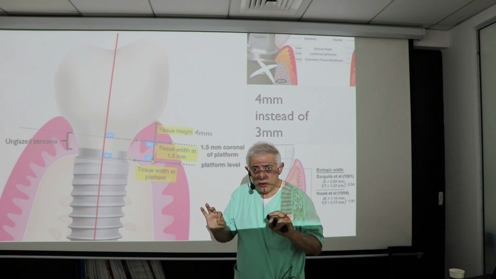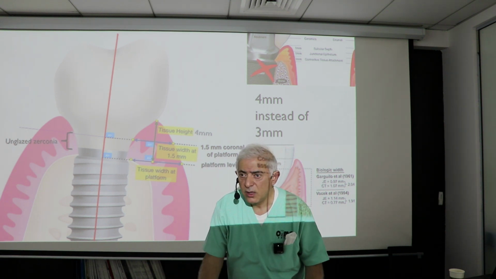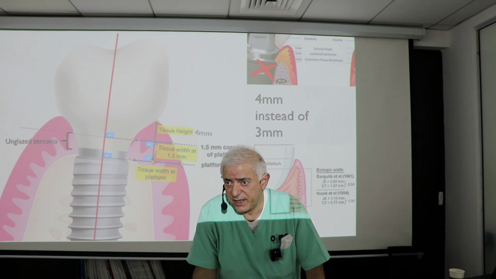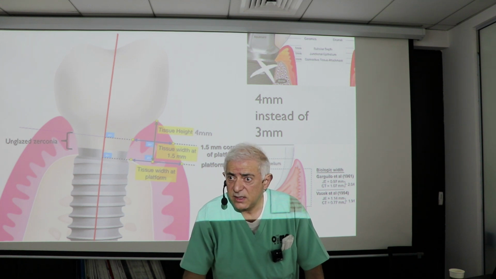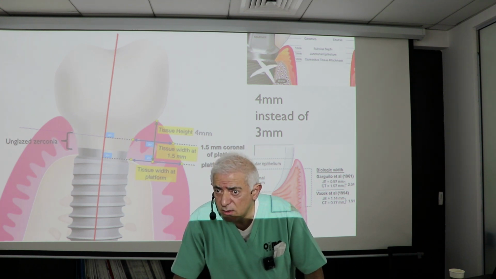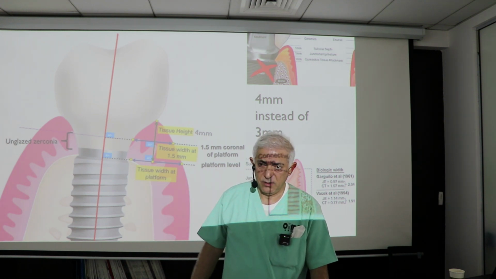The worst scenario in this theory, even if you don't create bone, you don't lose bone. He's not saying he always creates bone under his abutment, but he guarantees at least he will not lose bone. So he calls it zero bone loss theory.